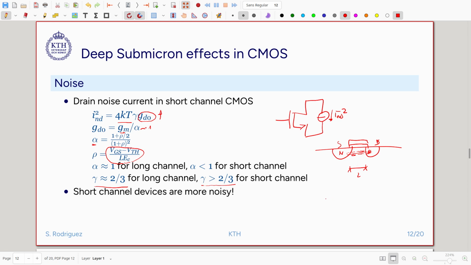In a long channel device, it will be much more difficult for them to go all the way from the source to the drain. So it should not come as a surprise that short channel devices are a little bit more noisy than long channel devices. As mentioned before, we will have a separate lecture on noise where we will discuss all these aspects more carefully. But for now, what is important is that the noise of short channel devices gets a little bit higher.